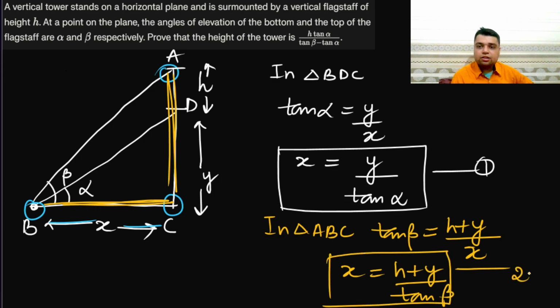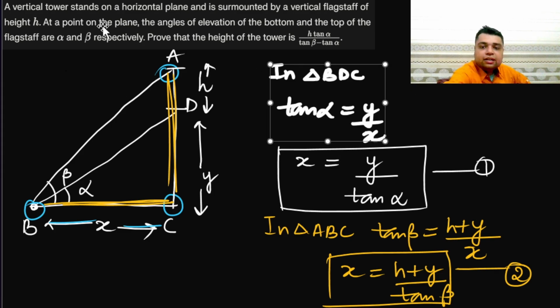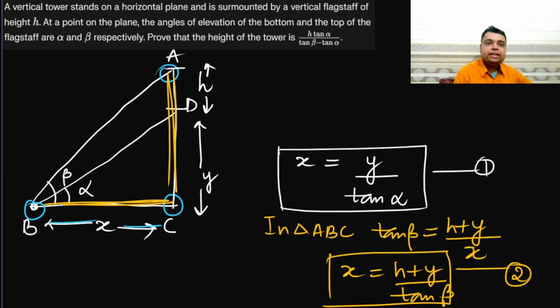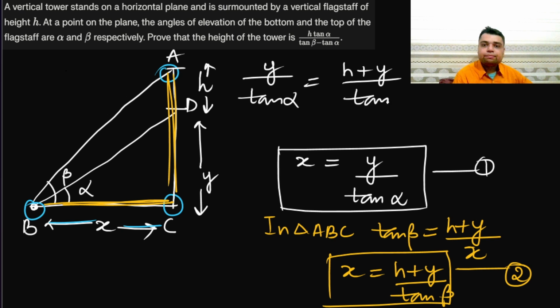Okay, understood? Now in both the equations, x is equal to something, means x has two values, they should be equal. So let's make them equal. If I do that, what will happen? I will get y upon tan alpha is equals to h plus y upon tan beta.